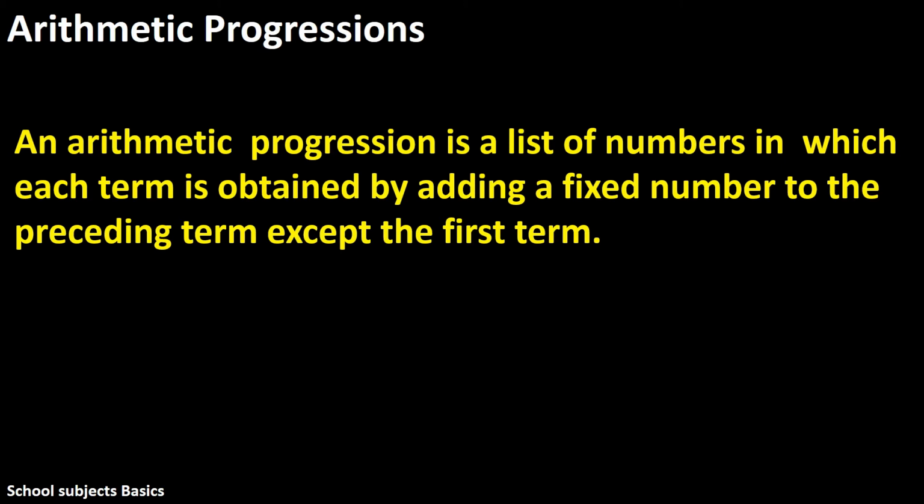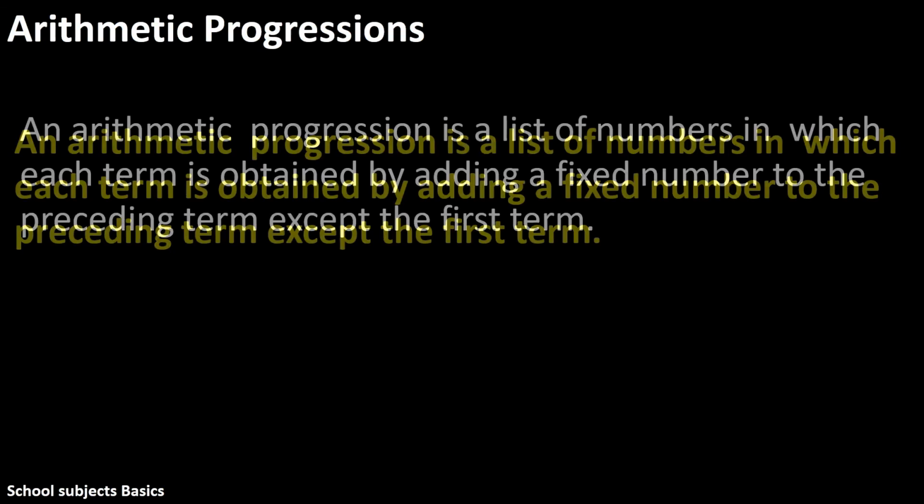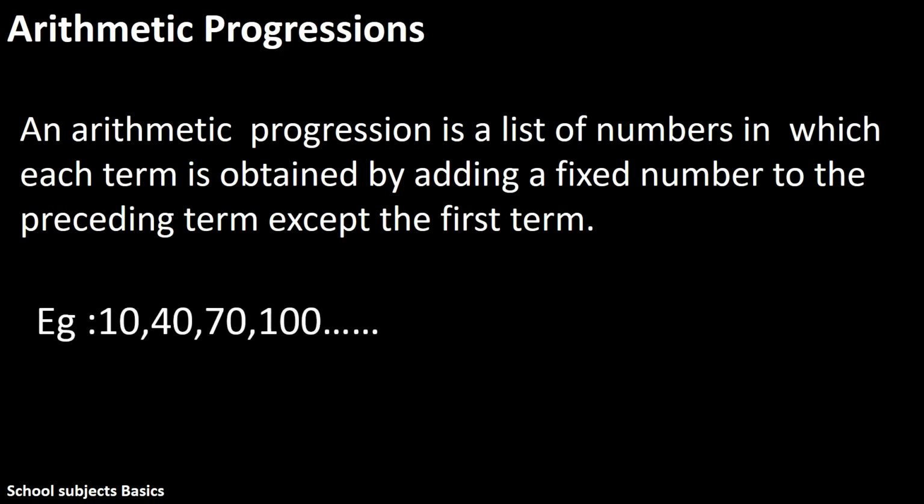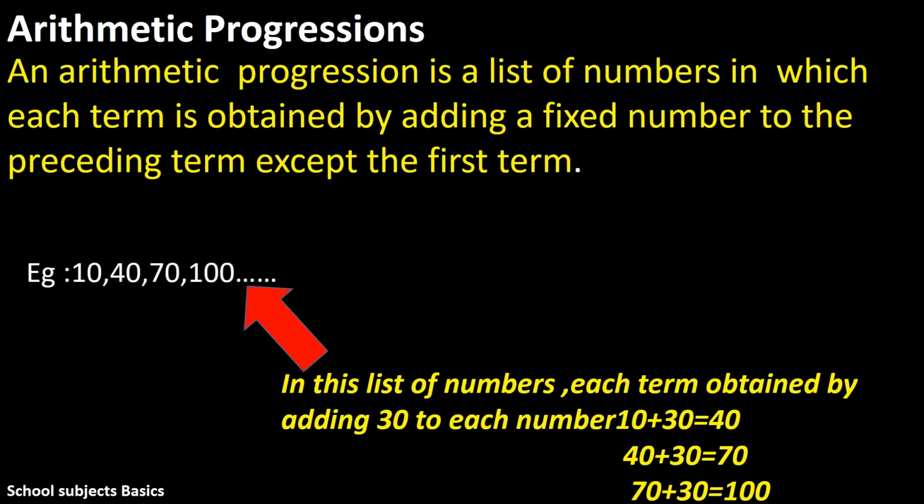Let's see an example for better understanding. Consider the example 10, 40, 70, 100 and so on. In this list of numbers, each term is obtained by adding 30 to the previous number. Here 30 is the fixed number and it is known as the common difference, and this can be positive, negative or 0.